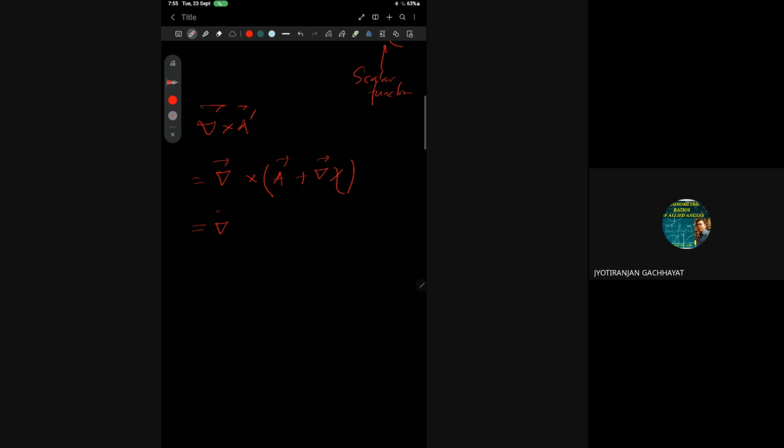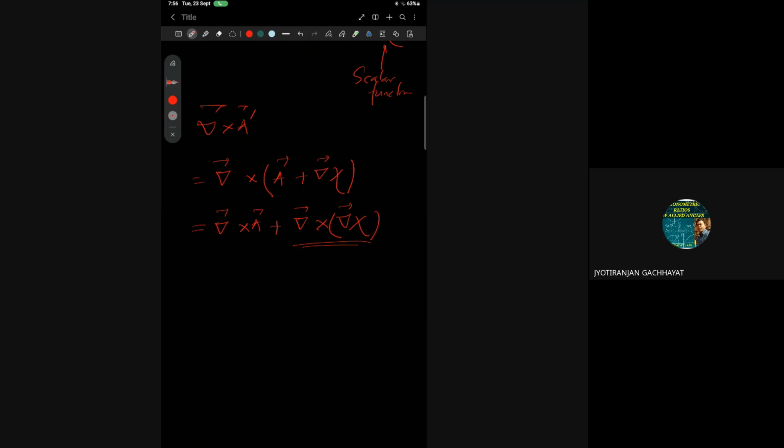So that will be equal to del cross A plus del cross del chi. What is this? 0, right? Curl of gradient is 0, right? We have proved that.